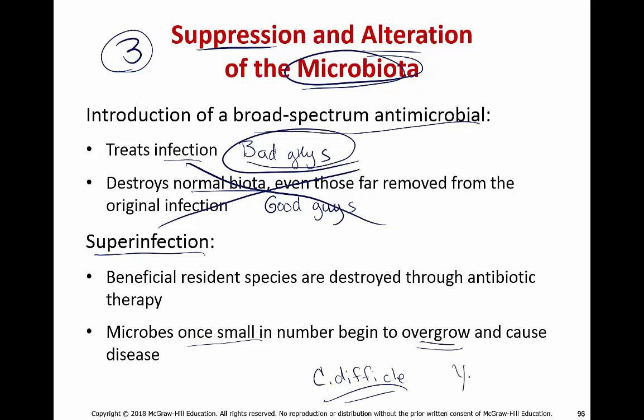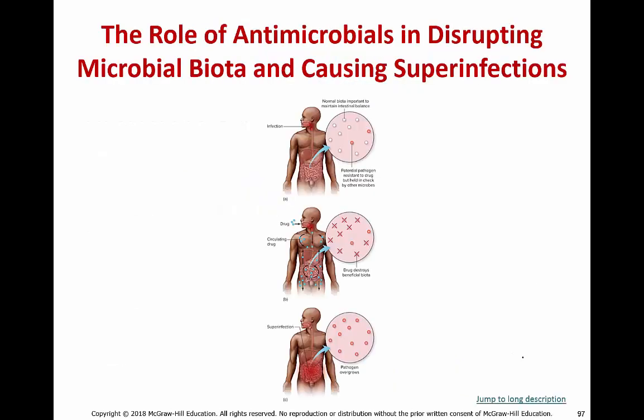You could have a yeast infection that's also caused by a superinfection, because you've gotten rid of all the good bacteria, but not the fungus, the yeast. And so they can grow out of control because there's no competition.